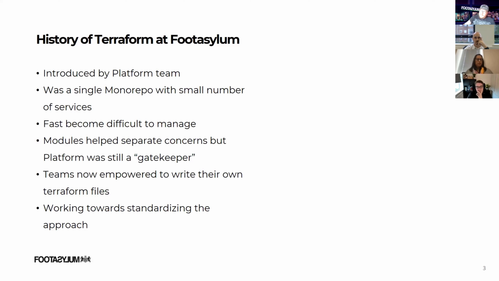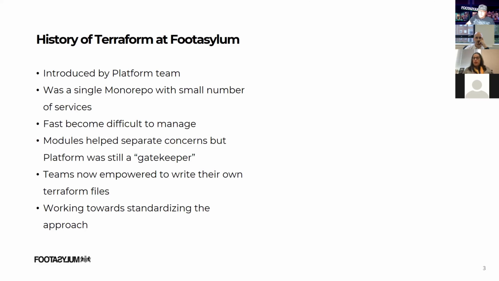That would build those resources in Azure without actually talking to any of the other resources that we'd already deployed into Azure. So I was confident that they could go away, develop their own Terraform strategy, develop their own files and their own ways of deploying the code and getting the infrastructure built. And it's part of the journey that we're on now, that we're taking the learnings and the outcomes of that experience and sharing that out into the other product teams and empowering them to take ownership and responsibility for their infrastructure.